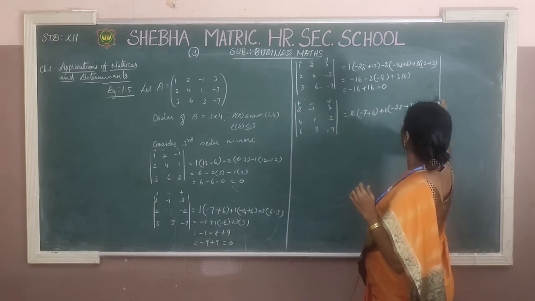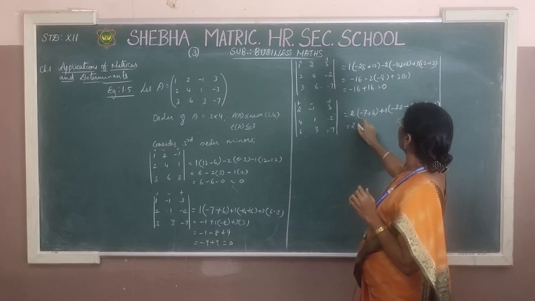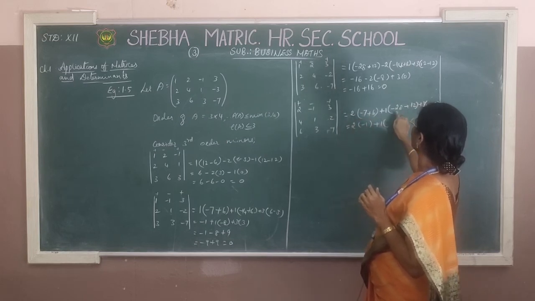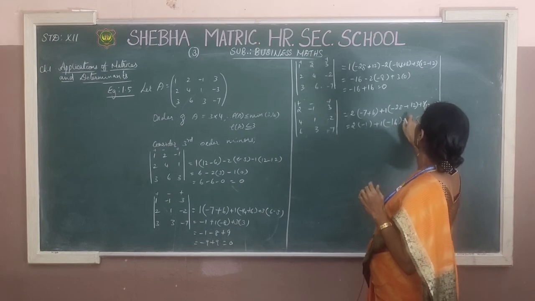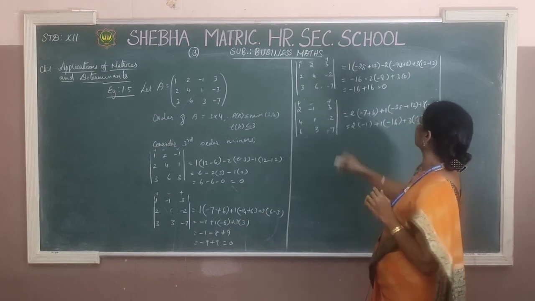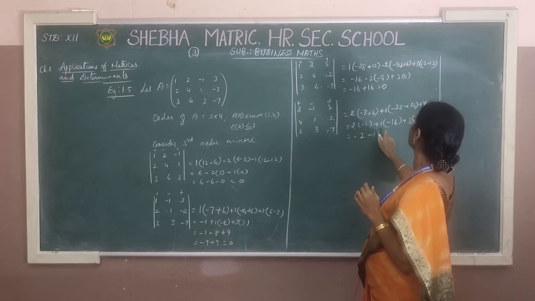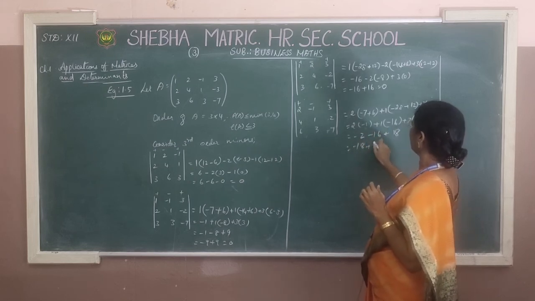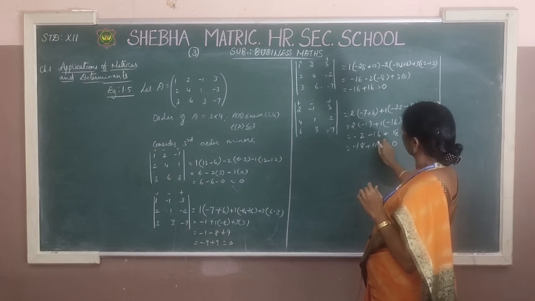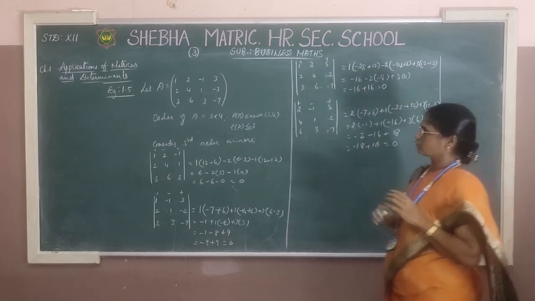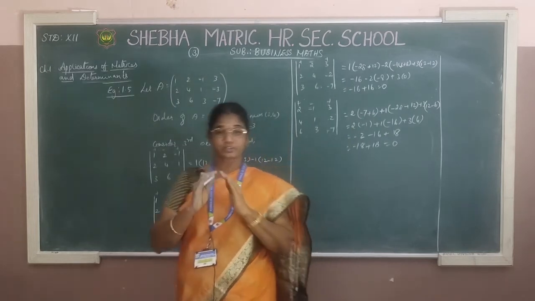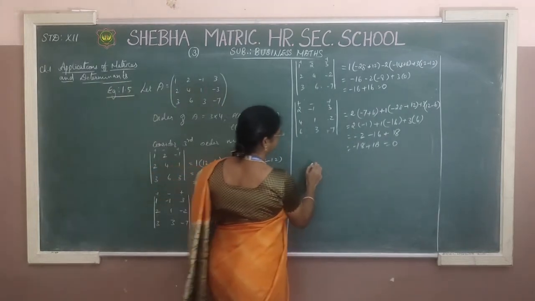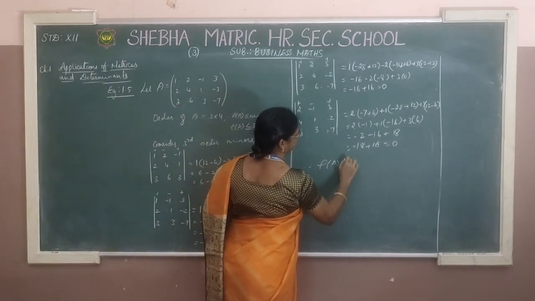So we get minus 1 plus 1 into minus 28 plus 12 is minus 16, plus 3 into 6. So we get minus 2 minus 16 plus 6 3s are 18. So 18 minus 18 plus 18, again we get 0. So our rank of matrix is not equal to 3.